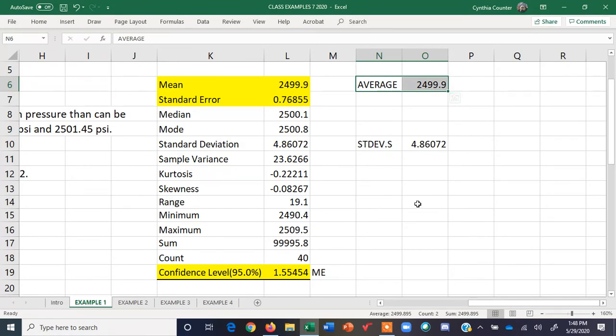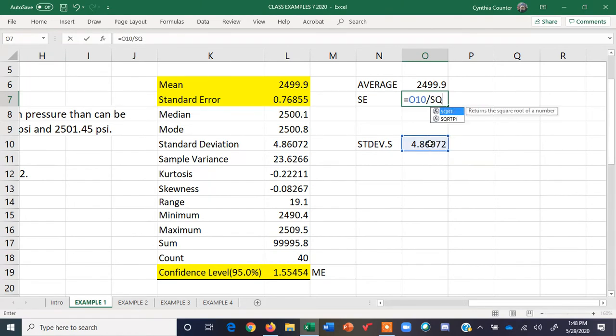You can then find your standard error by taking the standard deviation we computed here and dividing it by the square root of the sample size, in which case is 40. And there is the 0.76855 that we see here. So this is computed as standard deviation divided by the square root of the sample size.